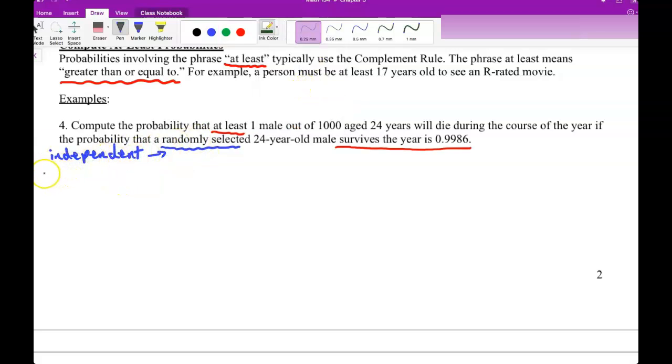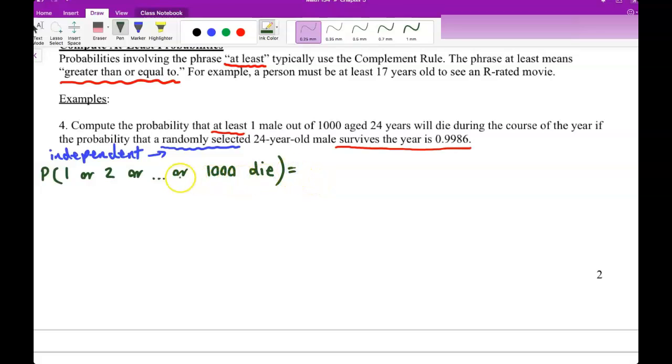What it's asking us to find. Since it's asking for at least one male die, that means we can have one die or two, because that is at least one or more. Or 1,000. So this is one die, two die, or 1,000 die.